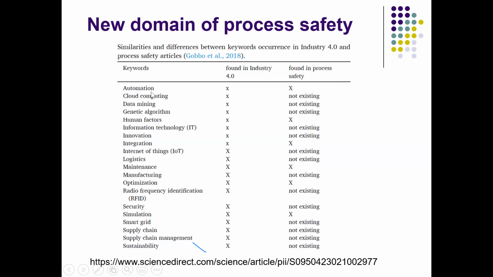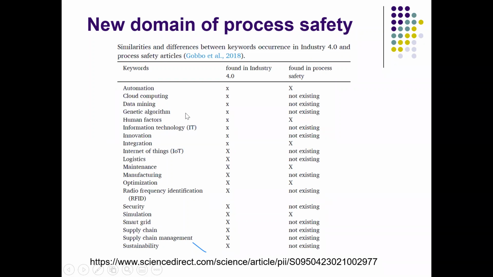Because the more automation there is to improve efficiency and optimization, the more automation will be needed. Cloud computing may not be so extensively used, but may be used for data storage. Data mining is very important. We will have a lot of data coming in. We should mine it and make sense of it.